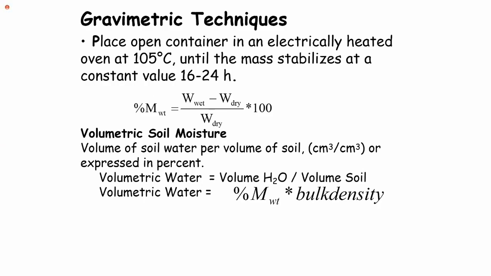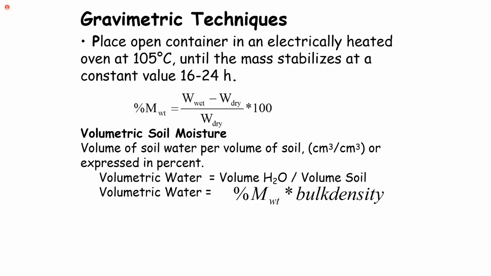But in the field, when we apply water, we normally apply in terms of volume, how many liters of water, or maybe depth of water. Therefore, we have to calculate the volumetric moisture content, but you cannot directly measure the volume of water in the soil.